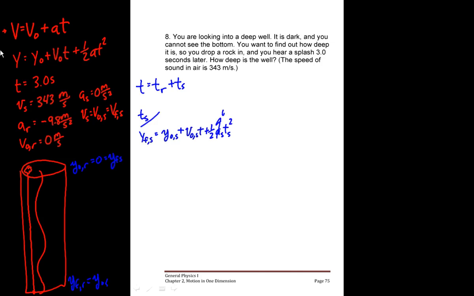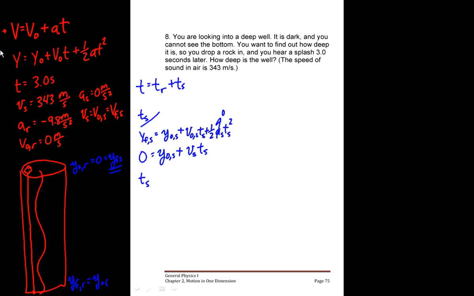I know that a is 0, so that goes away. I also know that y final for the sound, which is right here, is equal to 0. All right, so I have 0 equals y initial for the sound, that's at the bottom of the well, plus v naught s, which is just vs, times t for the sound. All right, so I can solve this then for ts.